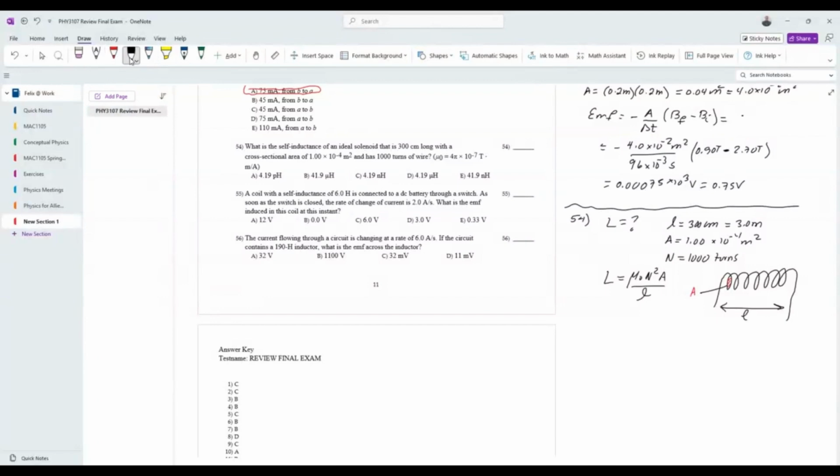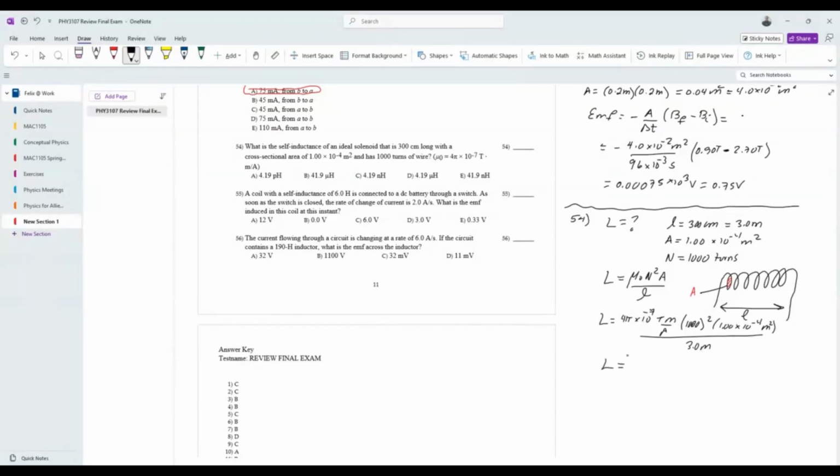So we can now calculate the inductance. 4 pi times 10 to the negative 7 tesla meters per ampere, times the number of turns, 1,000 squared, times the area, which is 1.00 times 10 to the negative 4 meters squared, divided by the length, which is just 3 meters.